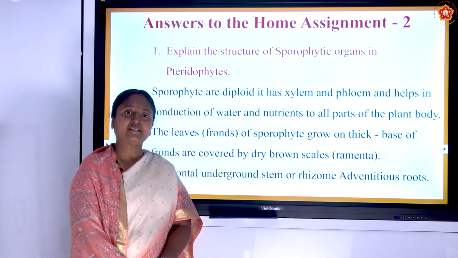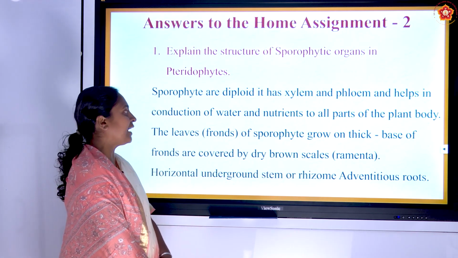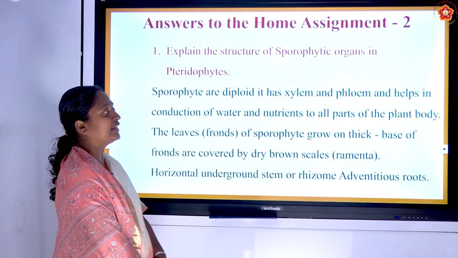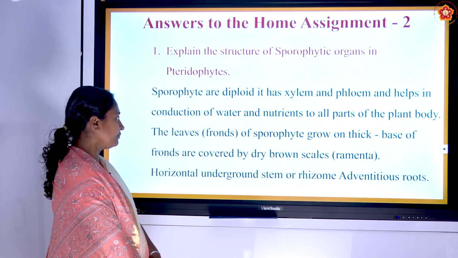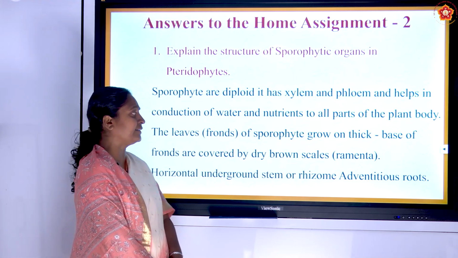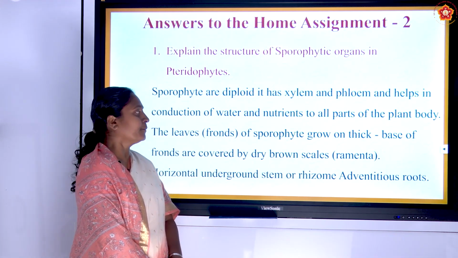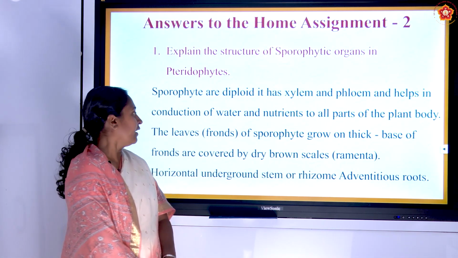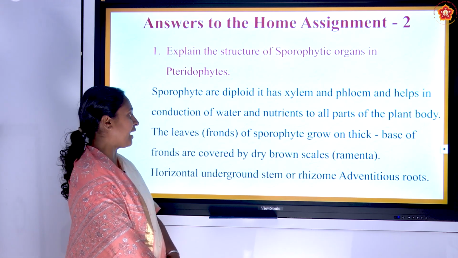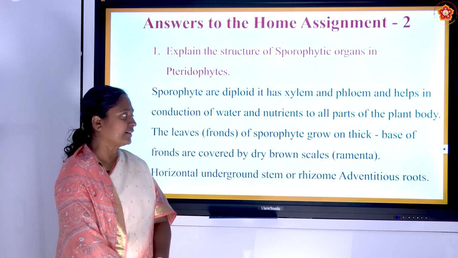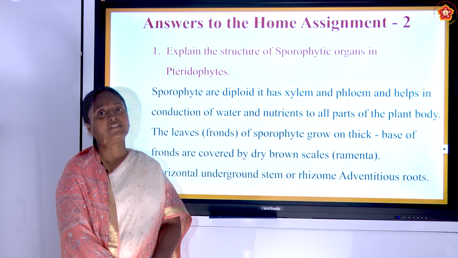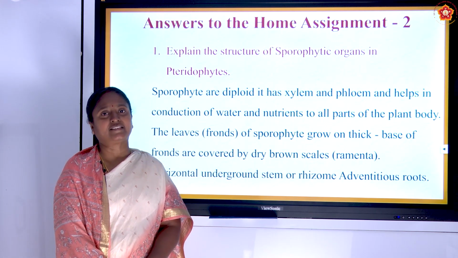The leaves, otherwise known as fronds, grow from a very thick base covered by dry, brown scales. Then it has a horizontal underground stem or rhizome, and it will have an adventitious root system.